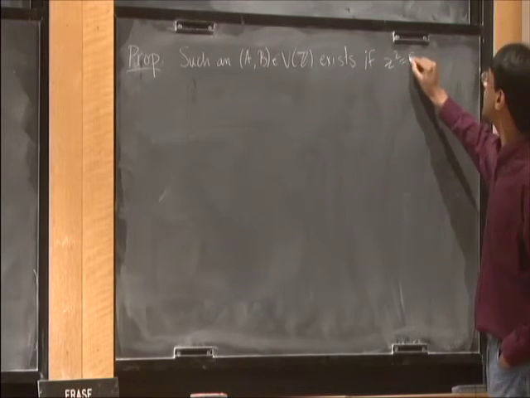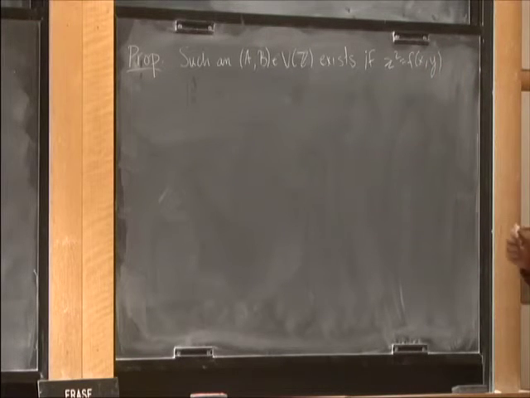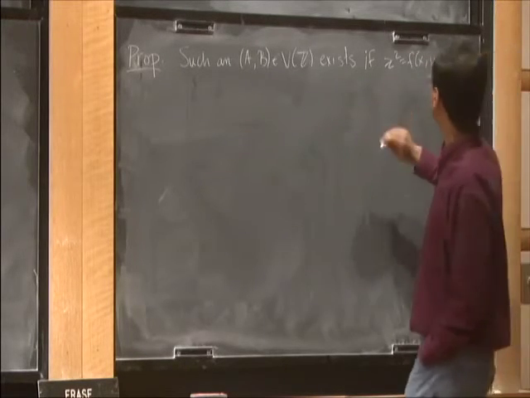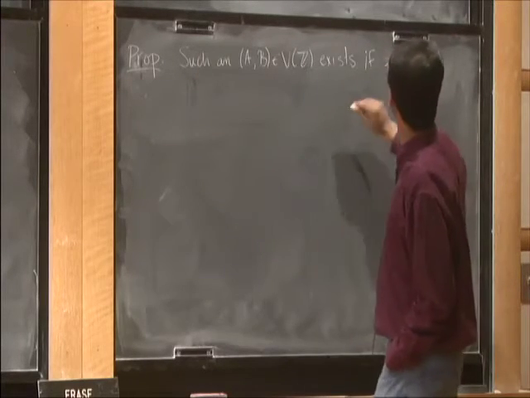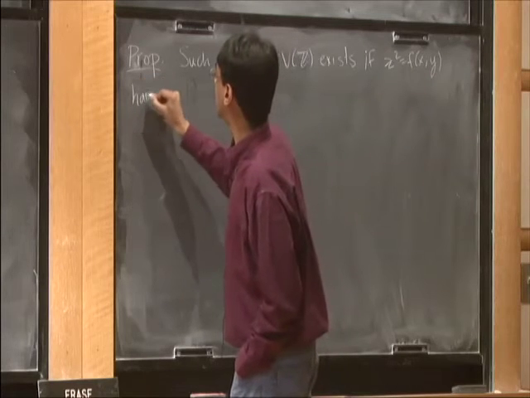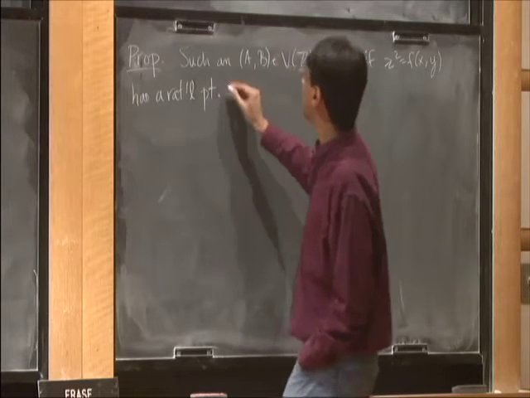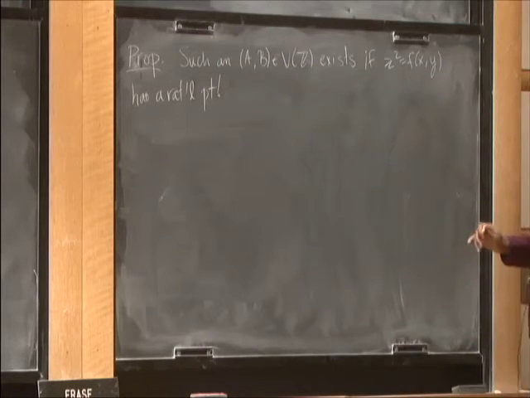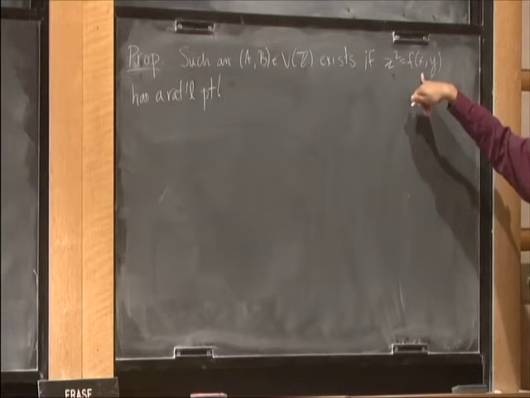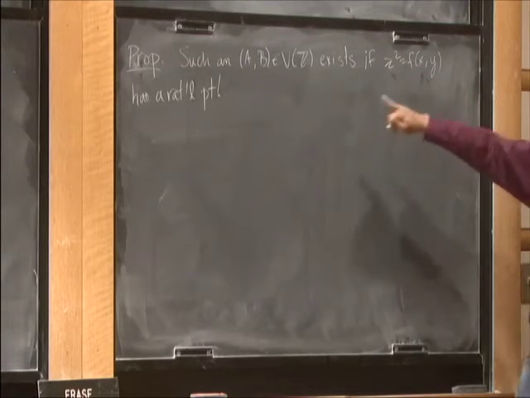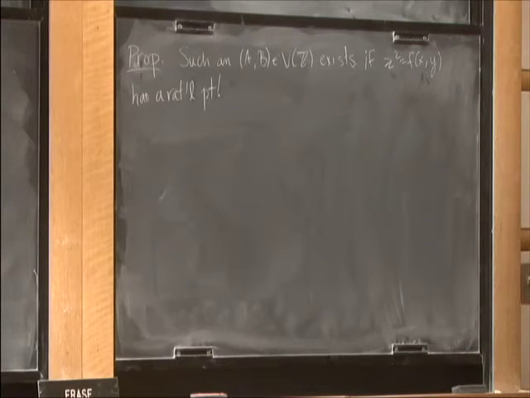In other words, if this equation has a solution with rational x, y, and z not all 0, then you can use that to construct an (A,B) such that the determinant of Ax minus By is equal to f(x,y).